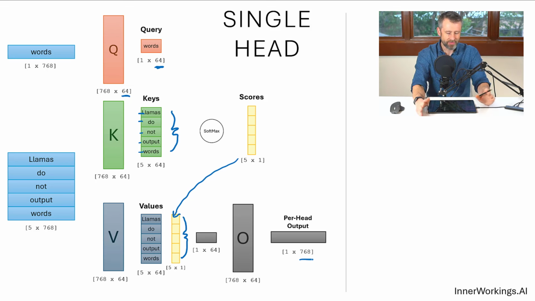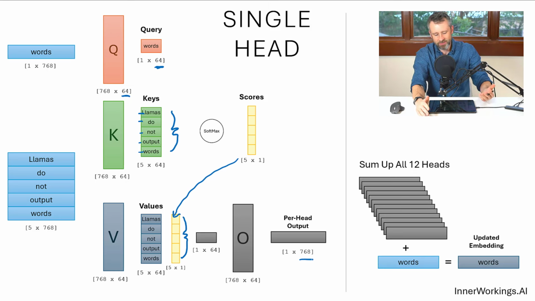And then from there, now I've got a complete accurate picture of a single head. And then from there, it's just, okay, there's 12 heads. So each one's doing a different specialty, and the outputs all get summed up. They get added to the residual again, and we get our final result.